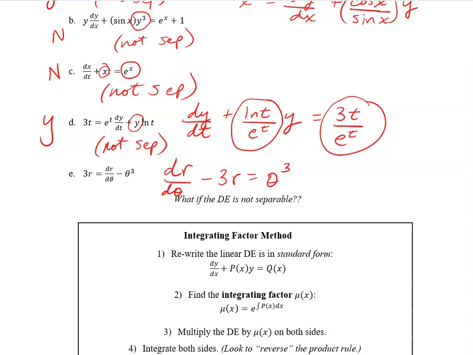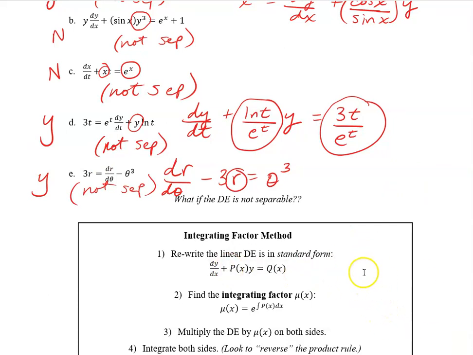There's my r as the linear term that I need, and I've got a function in terms of theta on the right side and in front of the r. So yes, this one is linear, but again, not separable because of that minus theta cubed. I think that's going to mess us up.